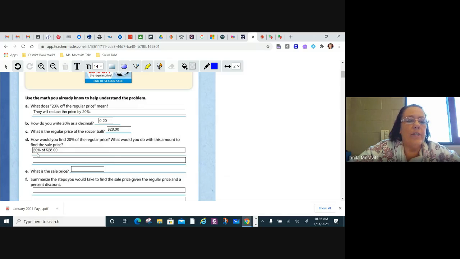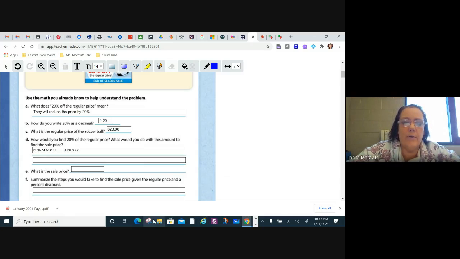So first of all, we change it to a decimal, right? So we have 0.20. And what do we say of means when we're doing this? Of, my friends, is always times or multiply. And then the dollar amount that we're looking at is the $28.